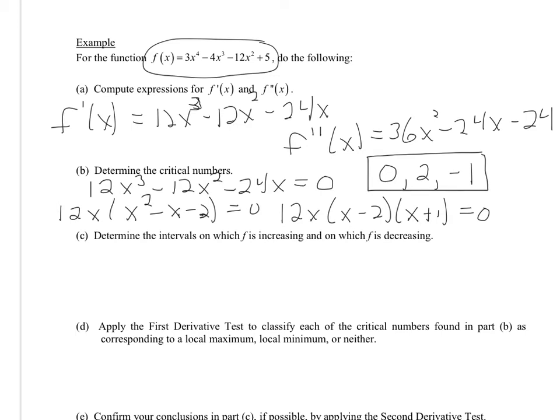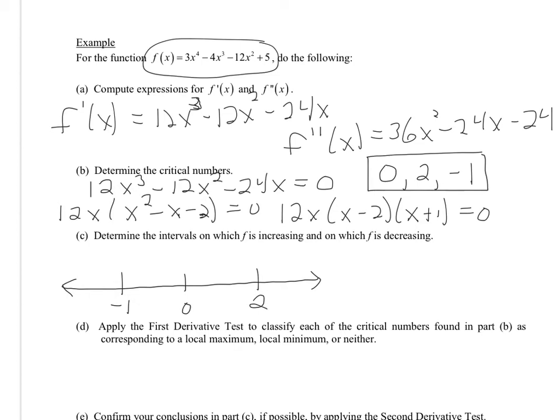Part C, determine the intervals on which f is increasing and the intervals on which f is decreasing. So to answer this, we draw a number line. We denote all of our critical numbers on that number line, arranged properly.